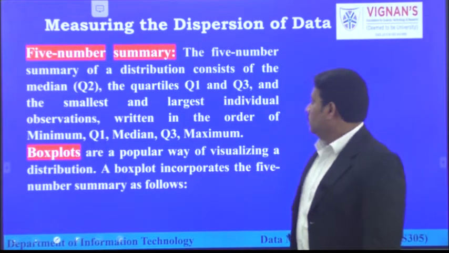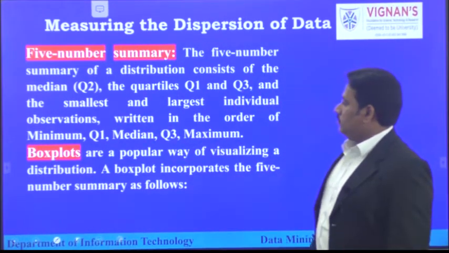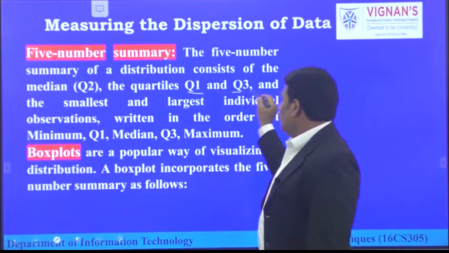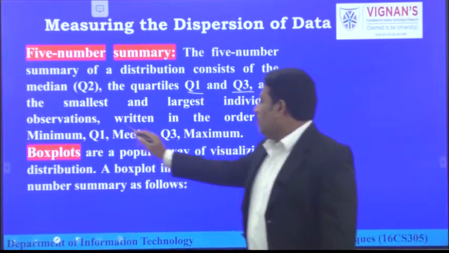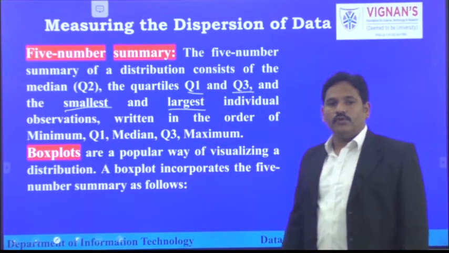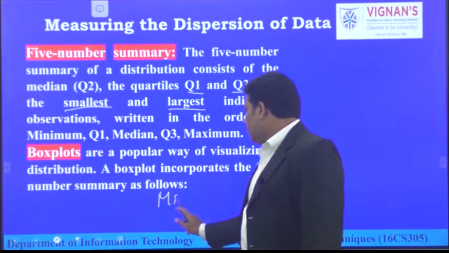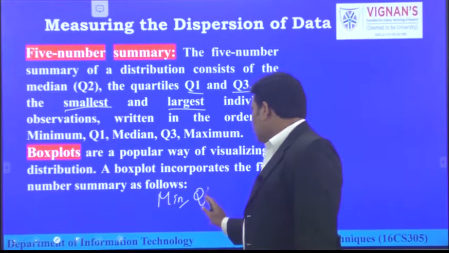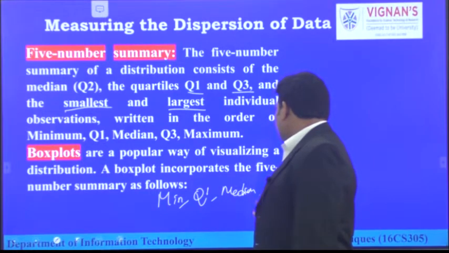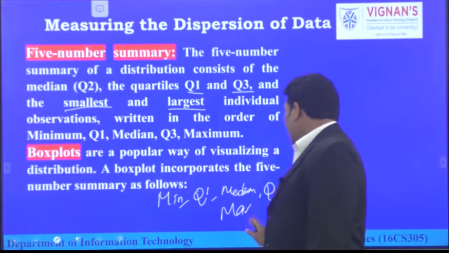It consists of the median, that is Q2, quartiles Q1 and Q3, the minimum value, that is the smallest, and the maximum value, that is the largest.